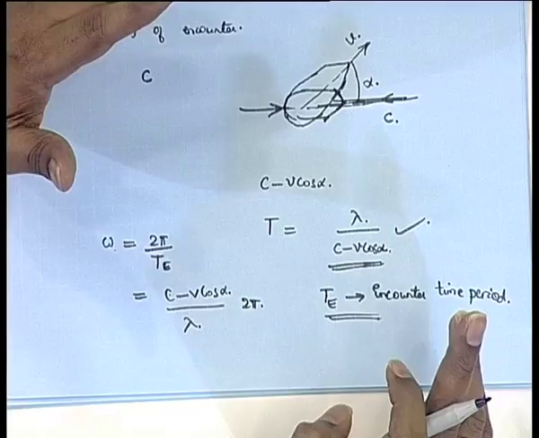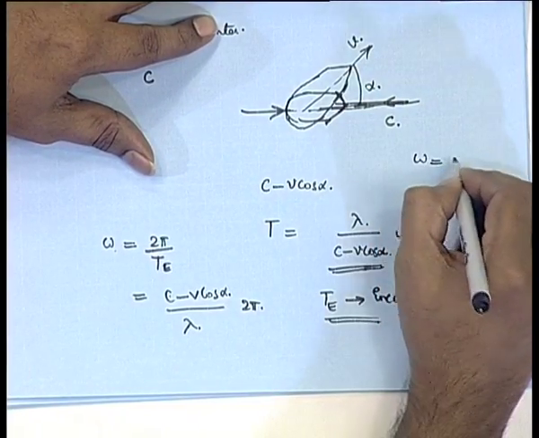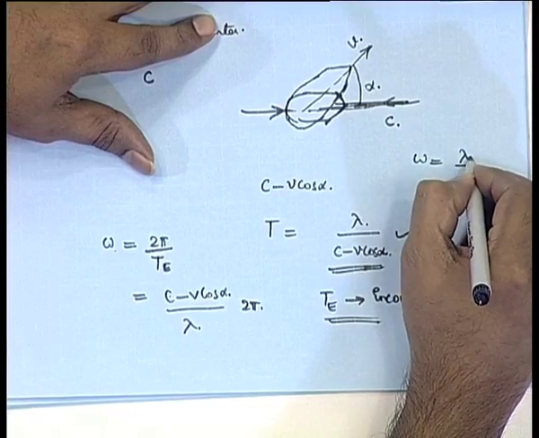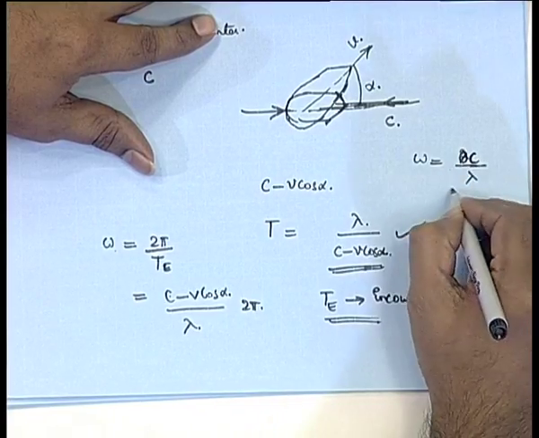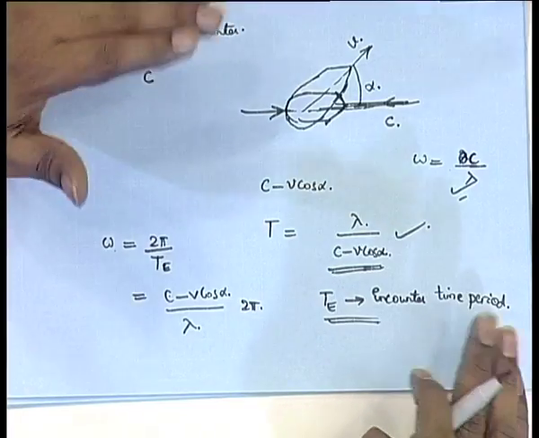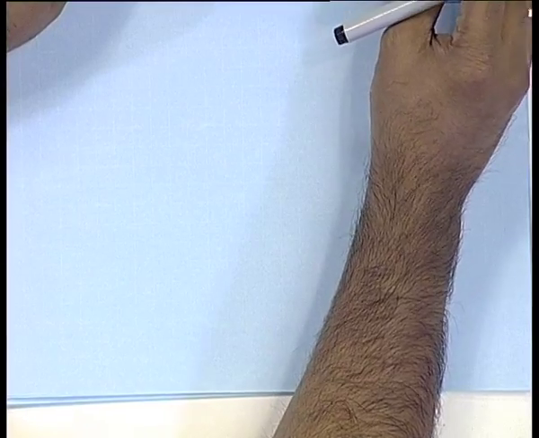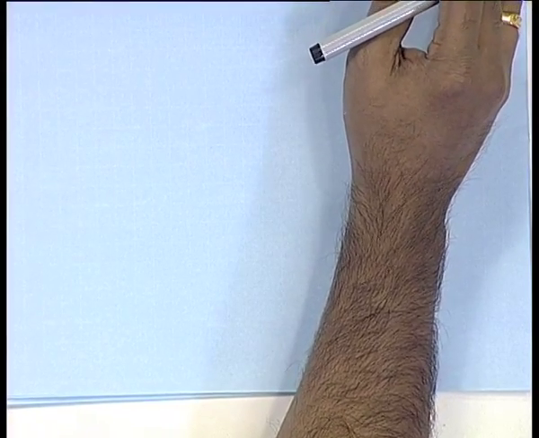So, you can get the omega of the wave, that is the angular frequency of the wave, as c by lambda into 2 pi, and the angular frequency of encounter by this expression, c minus v cos alpha by lambda into 2 pi. From these two expressions we will get the relationship between the frequency of the wave and the encounter frequency. Okay, this is some basics of parametric resonance.